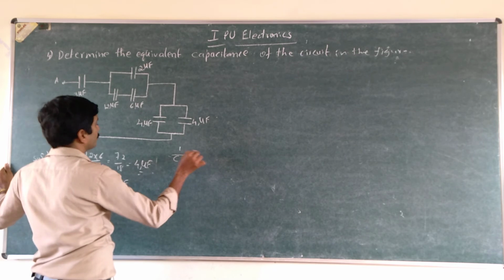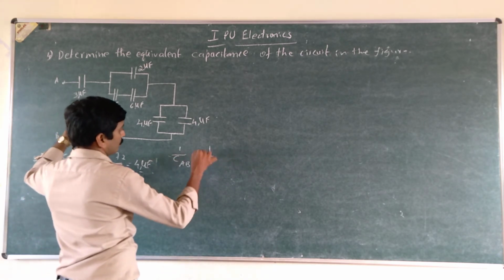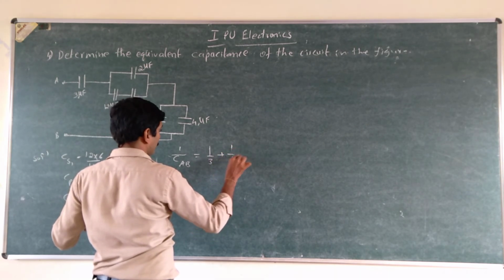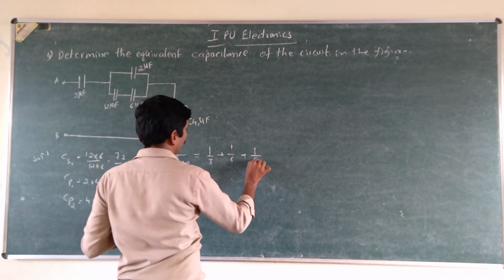1 by CAB is equal to 1 by 3 microfarad plus 1 by 6 microfarad plus 1 by 8 microfarad.